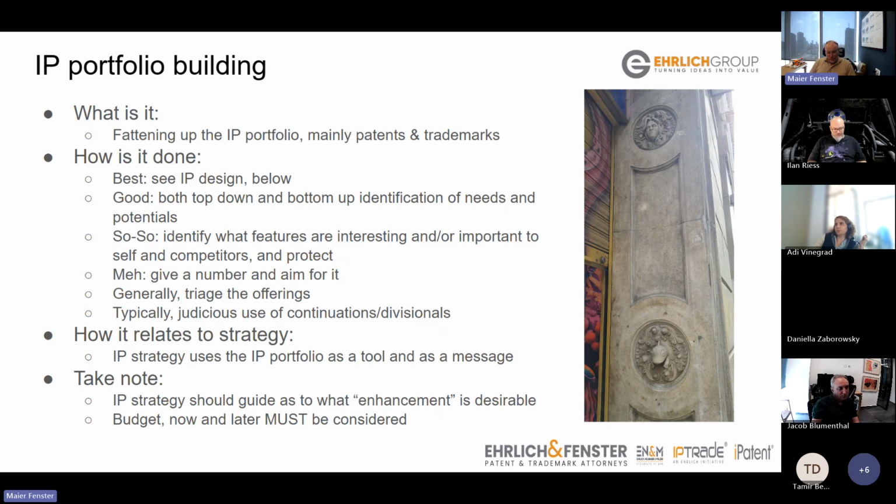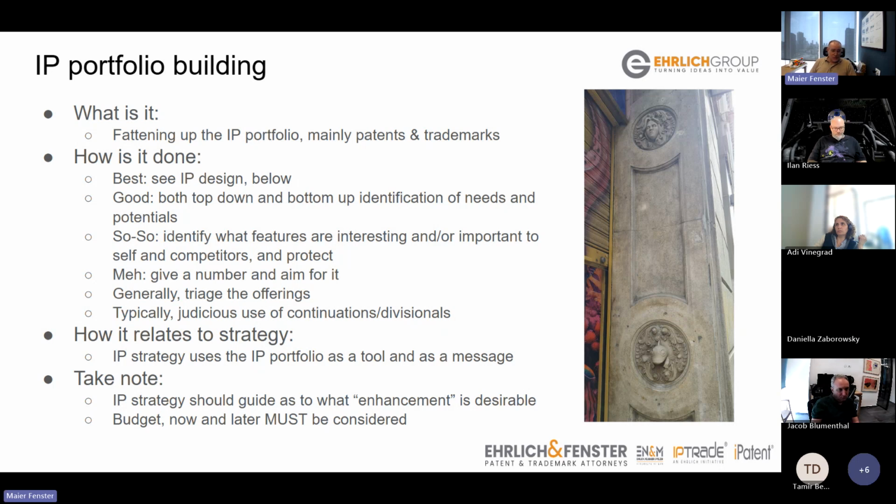Now, how do you do it? I vote bad, maybe it's not the best, but in a second, I'm going to talk about IP design. Good is when you go both top down from the needs of the company and bottom up from your invention to identify needs and potential values, potential inventions, and then build a portfolio based on these things.